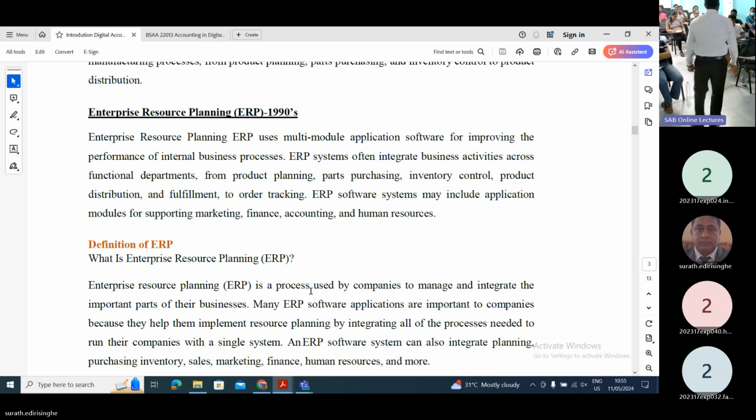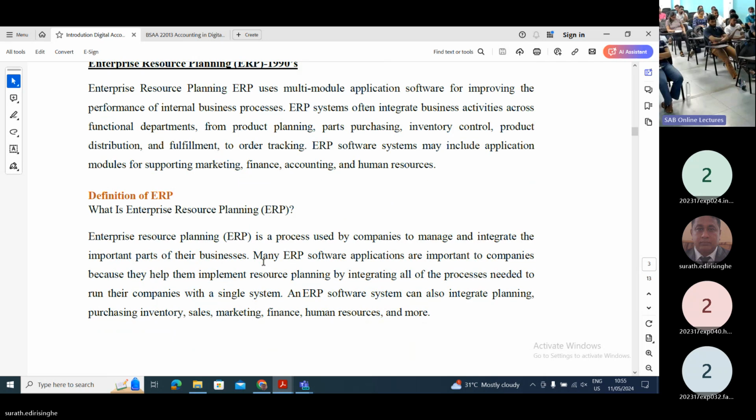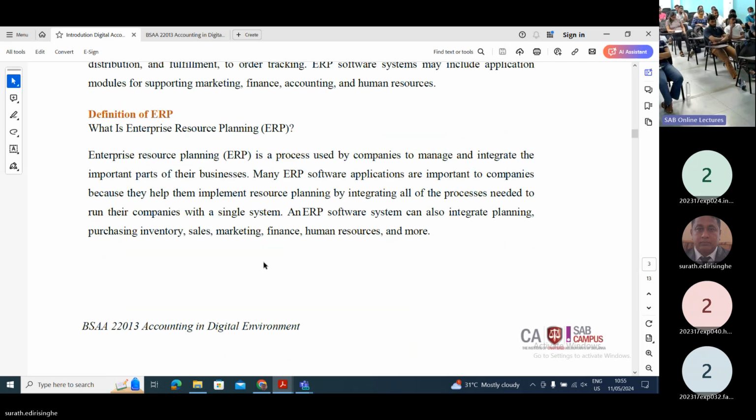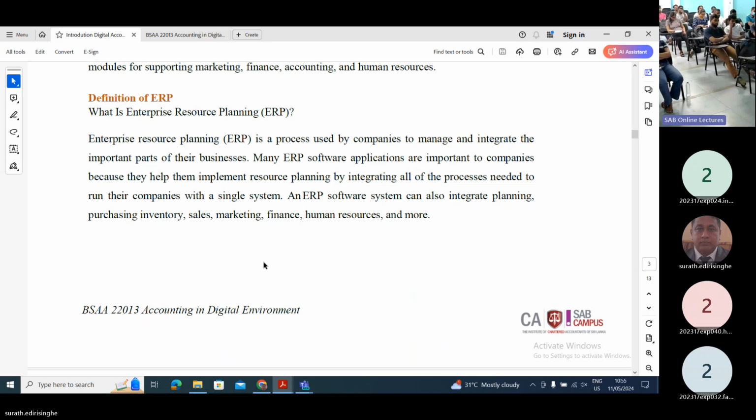Everything will be coordinated and supported by this application system. Right. With this knowledge and understanding, refer to the definition of ERP. Read this definition.